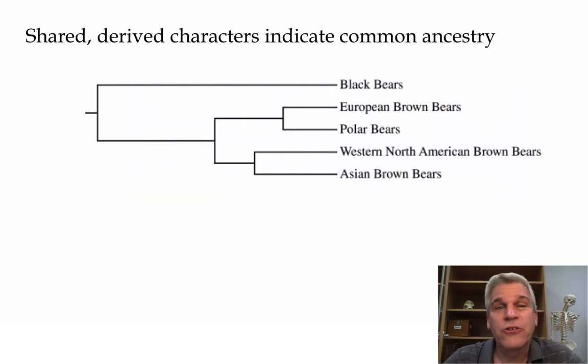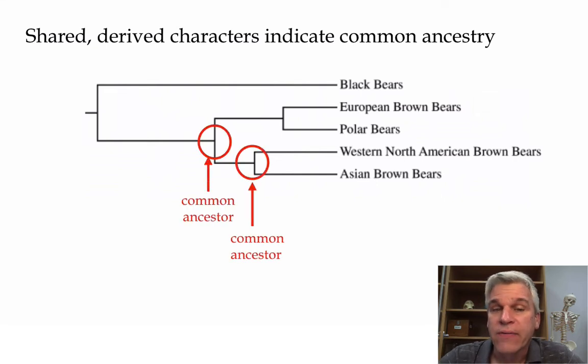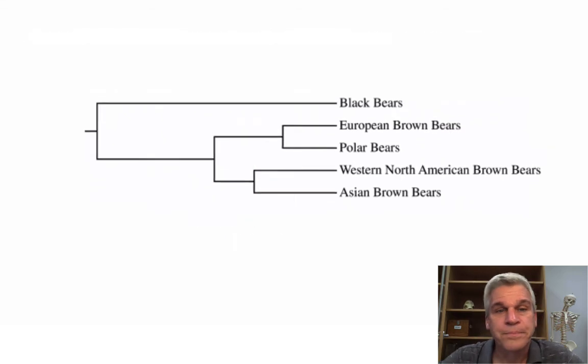Now, these shared derived characters can indicate common ancestry, and typically we would see that where we have these brackets. So that first common ancestor of those bottom four, that would be an older species, it's farther back in time, compared to the more recent common ancestor of the North American brown bears and the Asian brown bears.